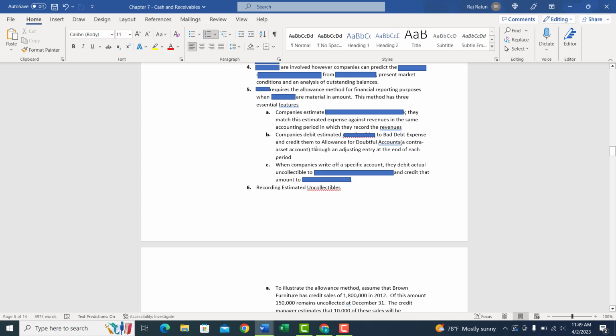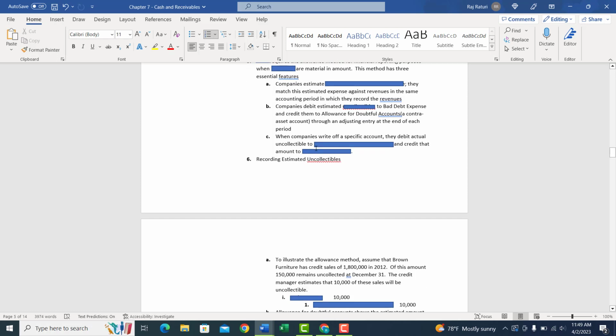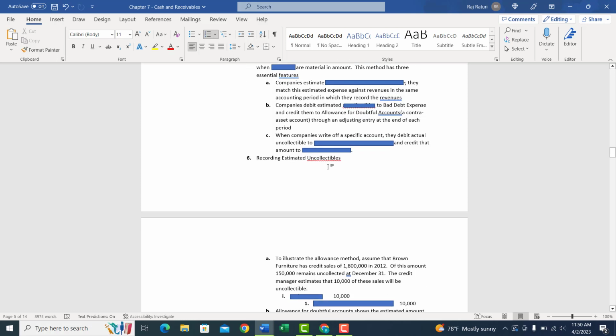Companies debit the uncollectibles to bad debt expense and credit to allowance for doubtful accounts, an adjusting entry at the end of each period. When companies write off a specific account, they actually debit the allowance account and credit the accounts receivable.